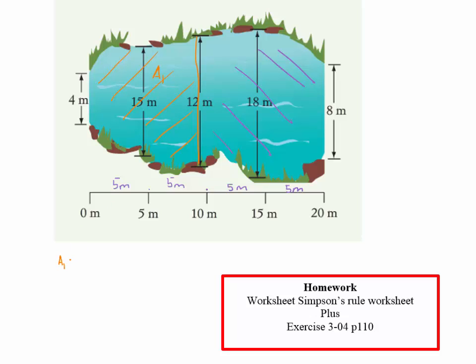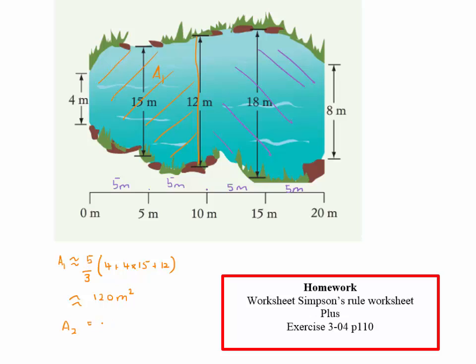So area 1 is approximately equal to height over 3, and it's the first distance, 4 times the middle distance, and add on my last distance, and we pick up our calculators and we get an answer. And then we do area 2, and I think area 1 is something like 120 metres squared.